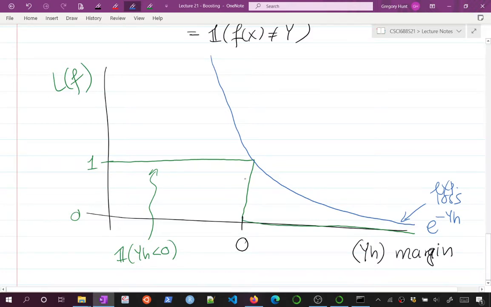And notice, it's continuous and differentiable, so it has some nice properties that the 0, 1 loss doesn't have. So it's one of the natural losses out there for classification. And we notice that if we have negative values, we get a higher loss penalization.